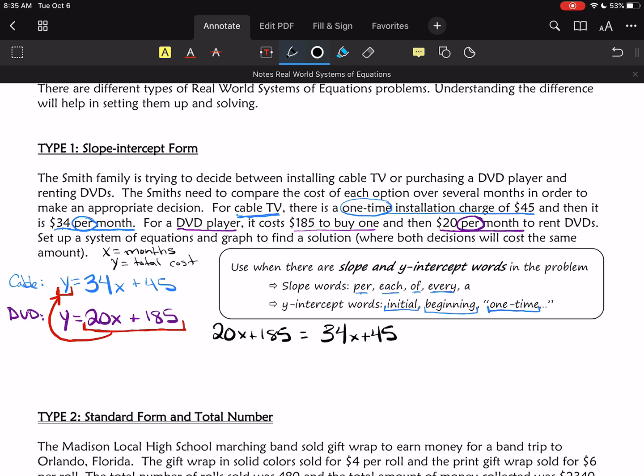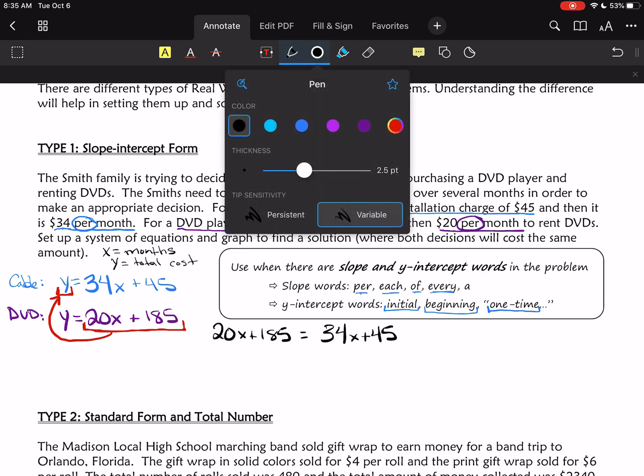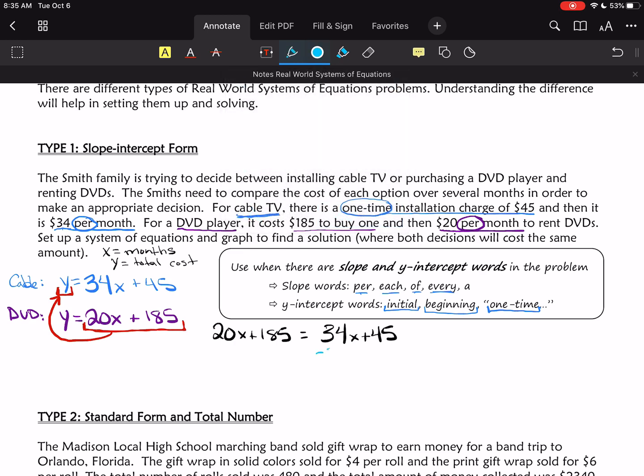So to solve this problem, I want to get my x's to the left and my numbers to the right. So first thing, I'm going to subtract 34x. So I would have negative 14x plus 185 equals 45. Then I'm going to subtract the 185 over, and I get negative 14x equaling negative 140.